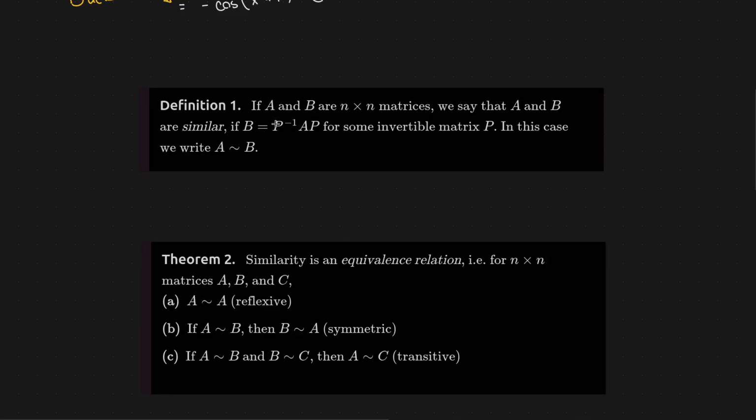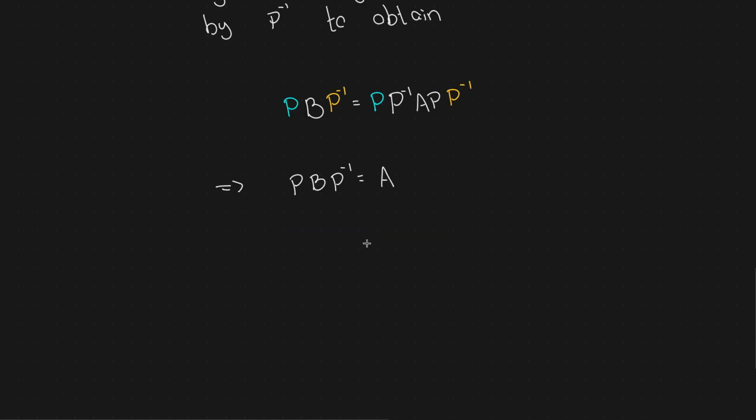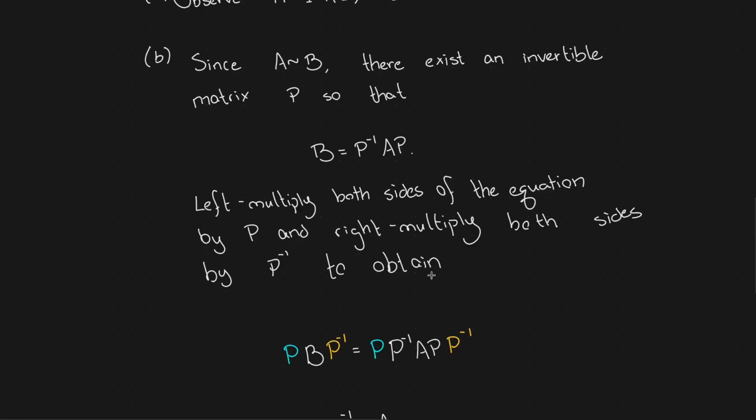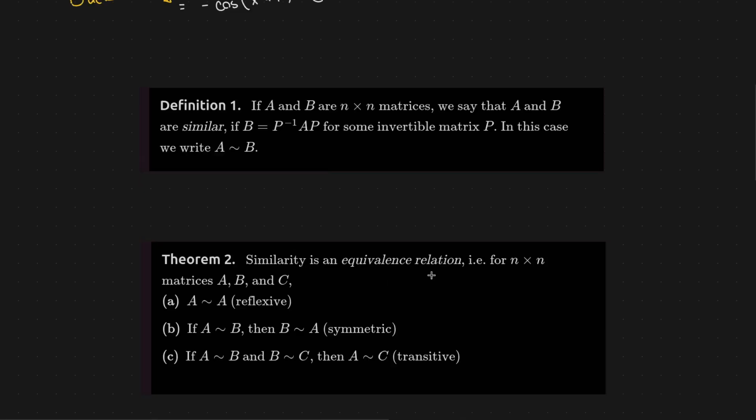The definition is the inverse should go first, then the original after. But matrix P is just the inverse of the inverse, right? So if P inverse is now what I'm thinking of as the original matrix, then I have the inverse of this times matrix B times P inverse equals matrix A. And that's the form that I have here in the definition.